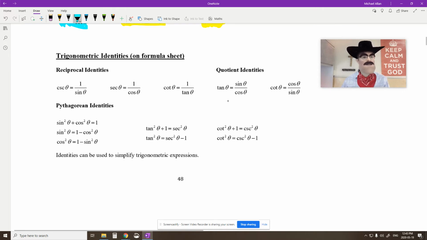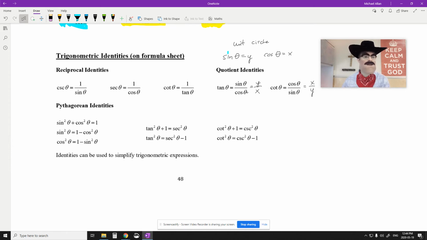Remember when we're dealing with sine and cos, as long as we're on the unit circle, I can say sine is equal to y and cos is equal to x, right? So sine over cos is going to be y over x, which is going to be the opposite over adjacent, and cotangent is going to be x over y.